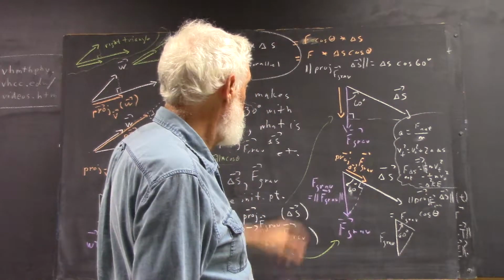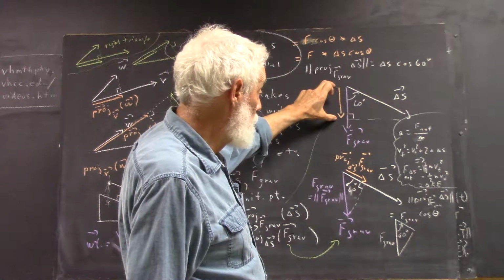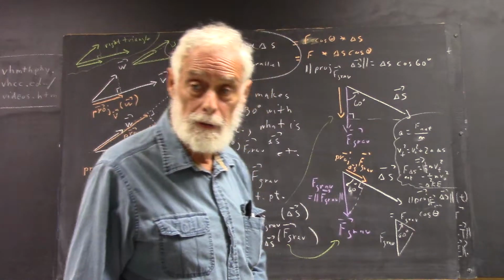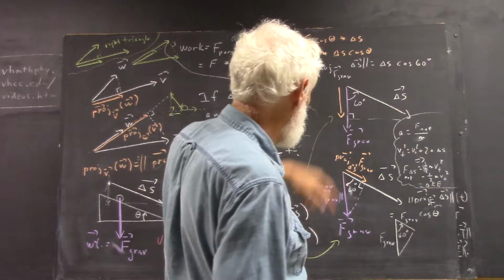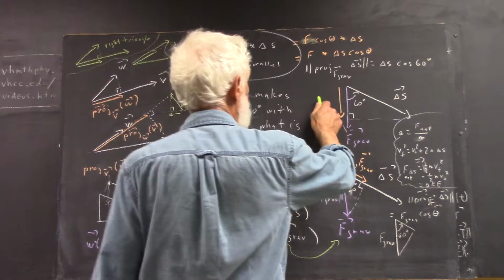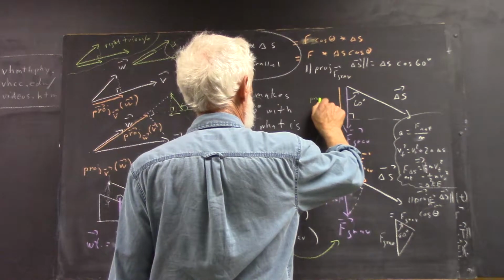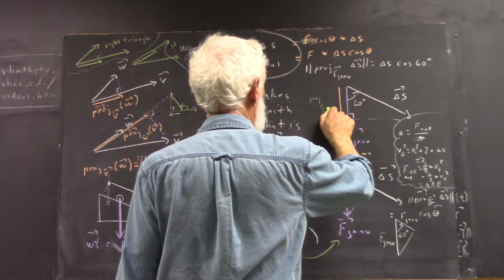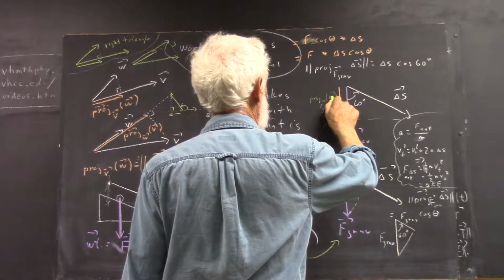And we can see that this vector is going to be our projection. I don't think I labeled that, and I don't see my orange chalk, so if you're drawing a picture of it, label it. Actually, I'll label it in green. This is our projection onto F grav of delta S.